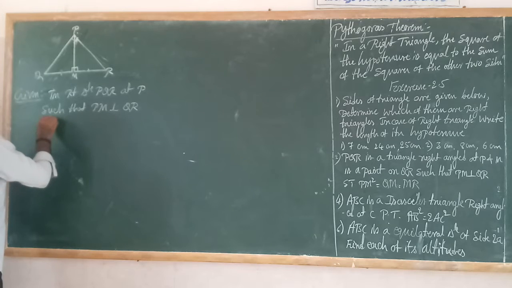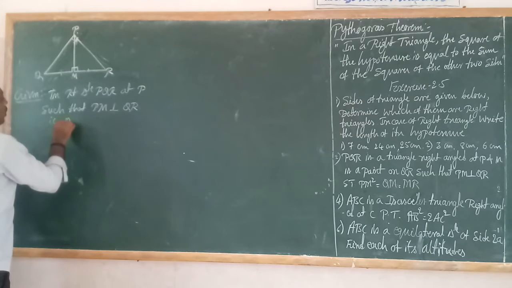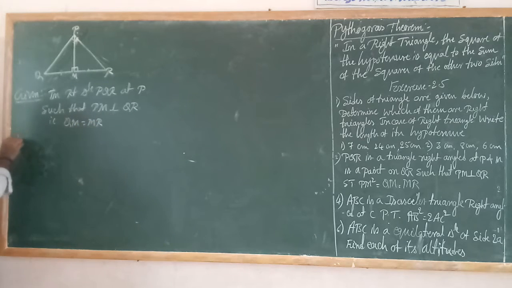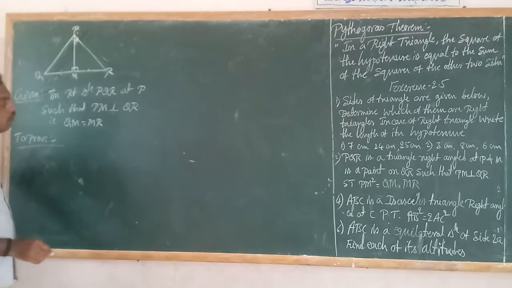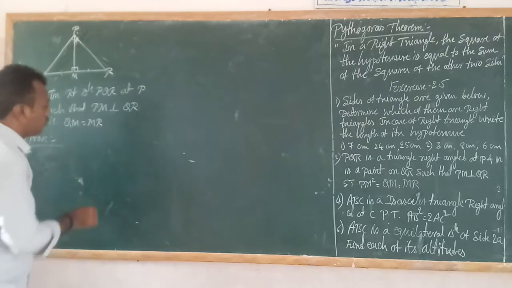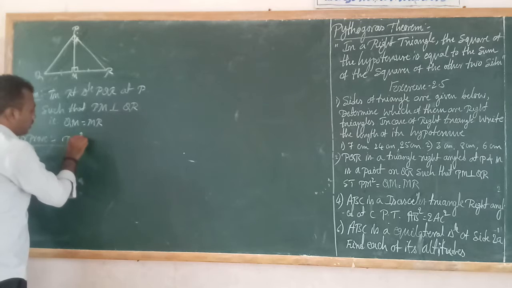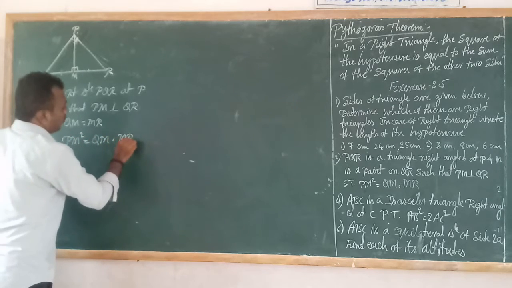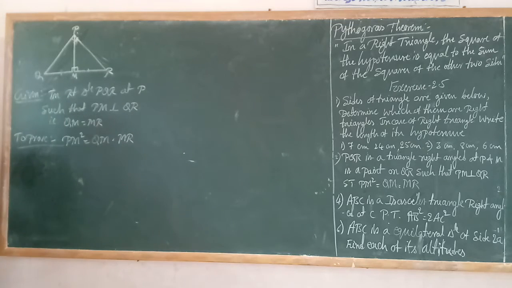Therefore QM is equal to MR. This is given. Now what we have to prove: PM square is equal to QM into MR. So this one we want to prove.